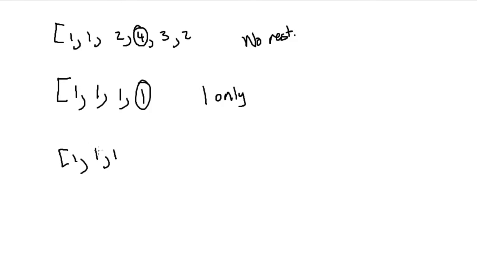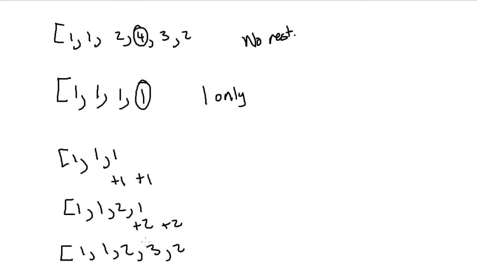Now, from here, there is one way to get from here, so we're going to add 1 here, and we're going to add 1 here, and that's going to give us 1, 1, 2, 1, and here we're going to add 2, and that's going to give us 1, 1, 2, 3, 2, and so this is going to be our 0 value. Now what you can see here is this is 2 only, and if we only used 1 or 2, then there would be 3 ways to do that.